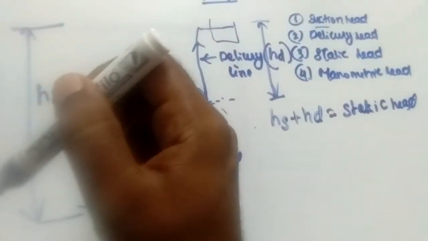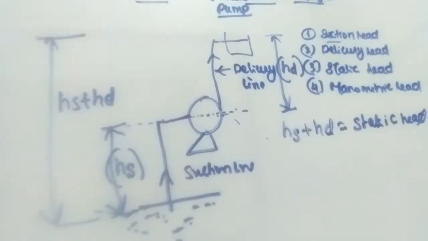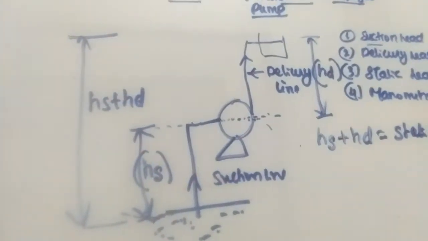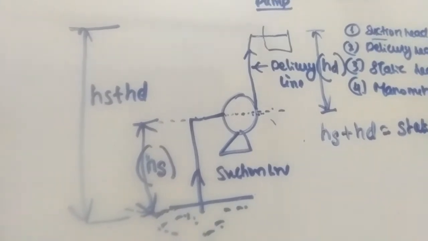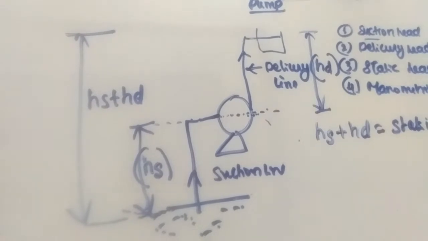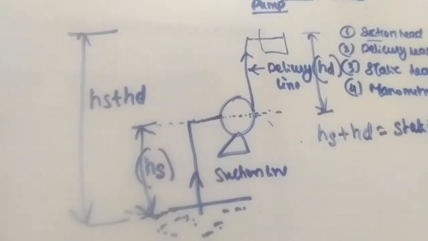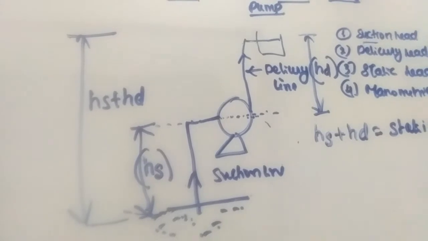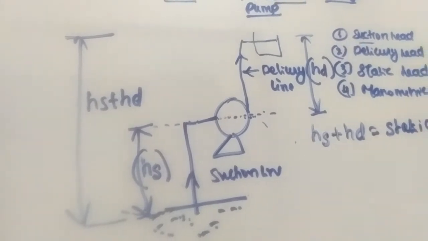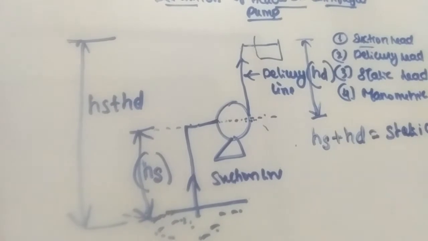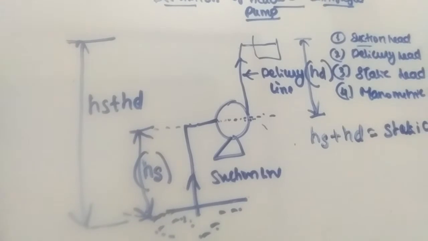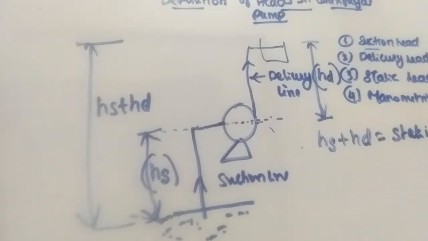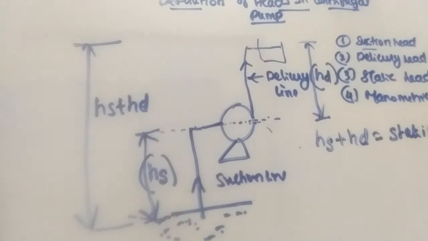Next we will go for manometric head. It is a difficult term, but what does manometric head mean? In a U-tube manometer, the fluid present there is used for measuring pressure, and that is related to the manometric head.